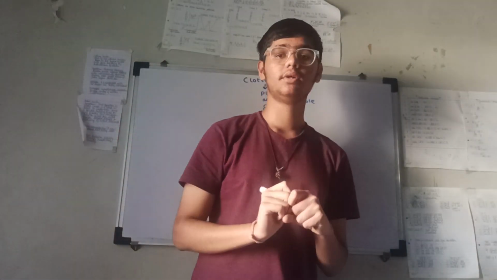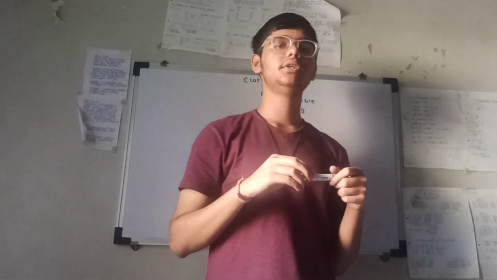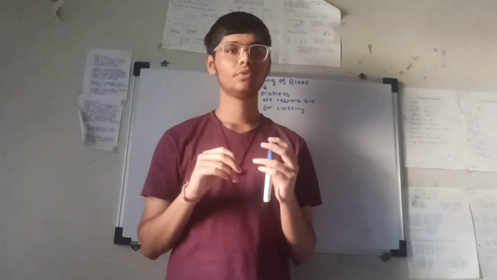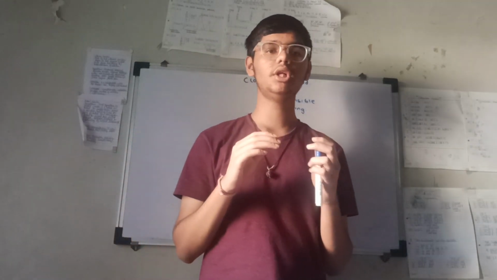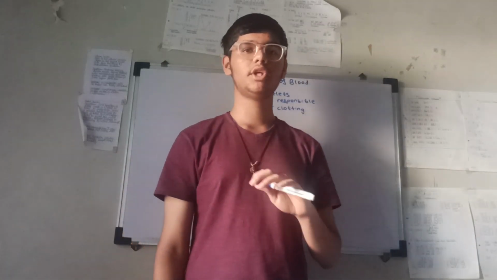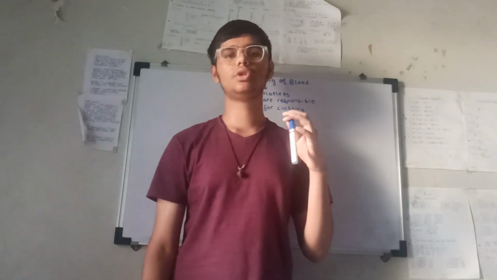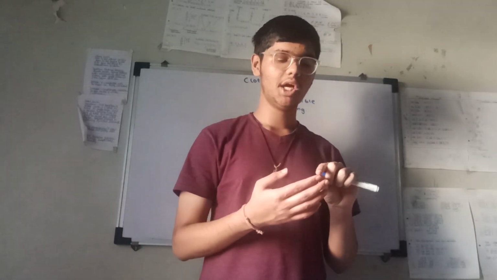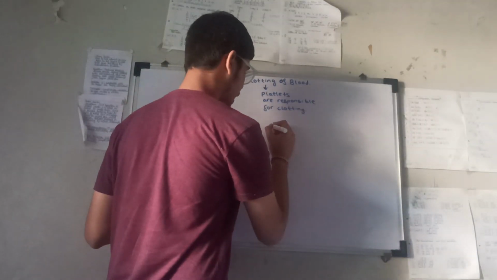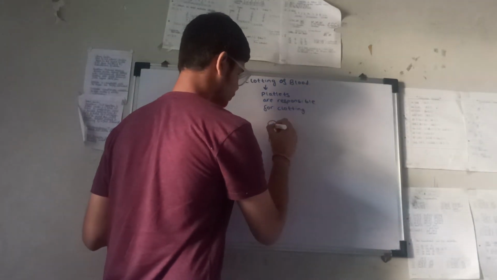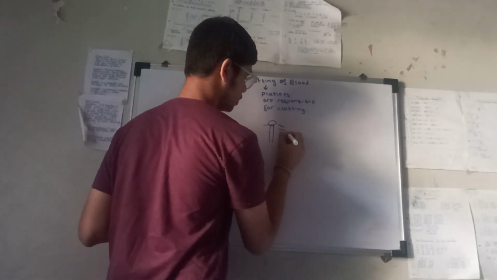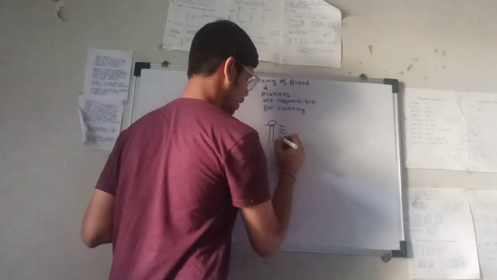So, why are we learning this clotting? Because if you get hurt, you will see that blood will ooze out for some time, and then it will eventually stop. After 1 to 2 or 3 days, you will see a reddish scum there. If the finger is cut, blood will ooze out for say 5 minutes.